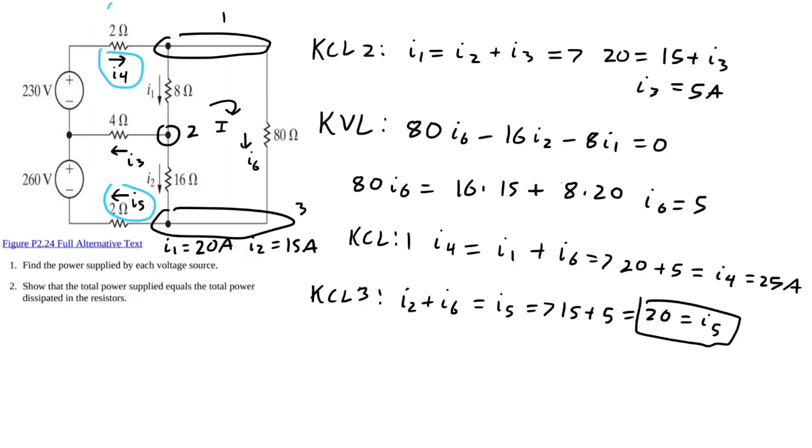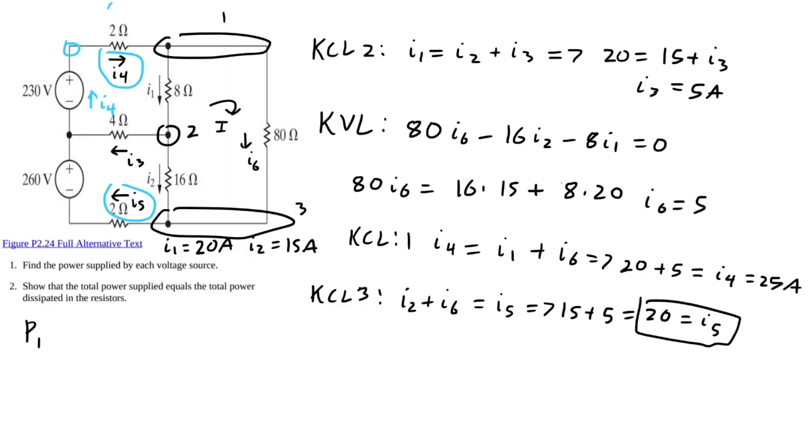So the current flowing through the power source up here, we got I4. This has to come from, because these share the same node up here. So I4 is that. So we can find the power supplied by the 230 volt source.